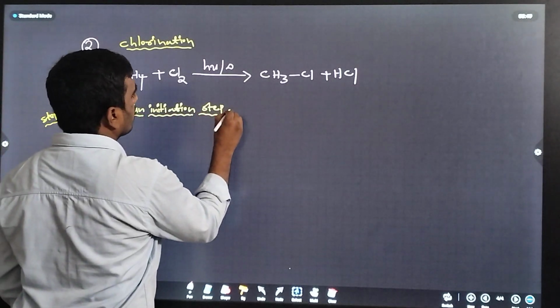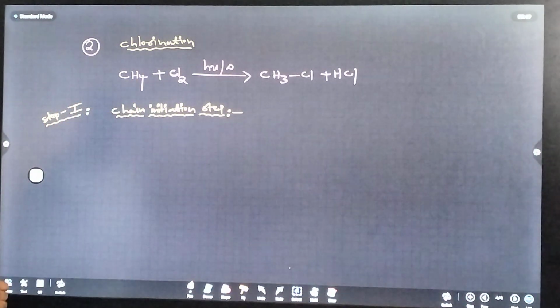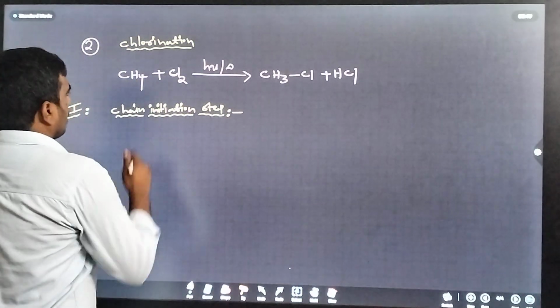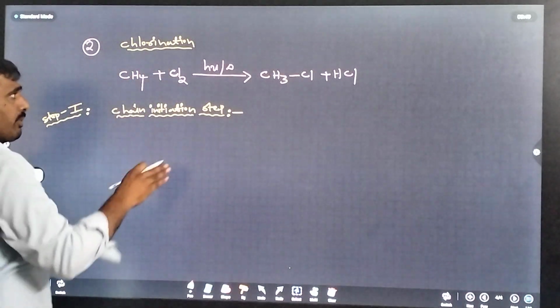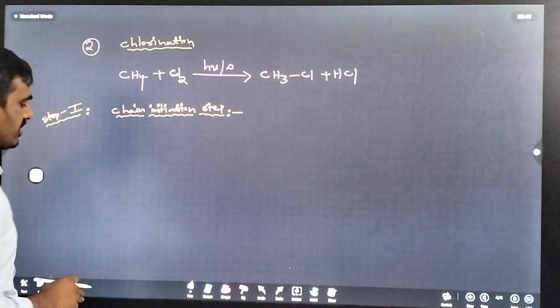Generally this reaction takes place in the presence of sunlight, and homolytic fission takes place.